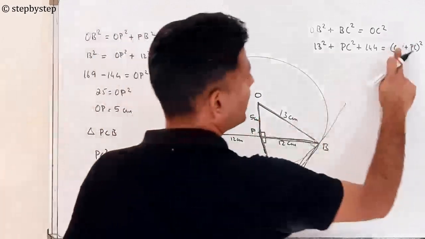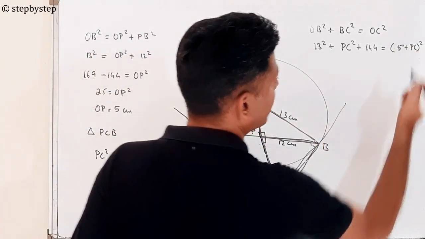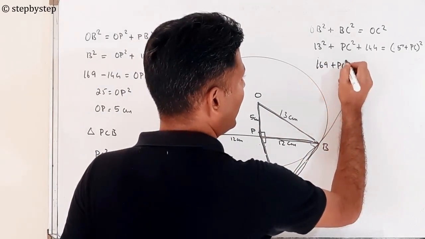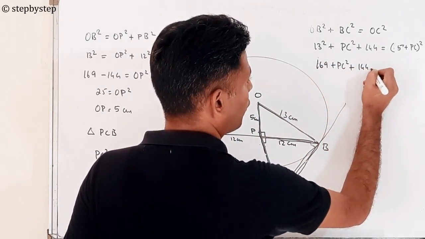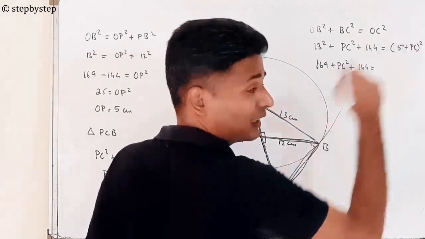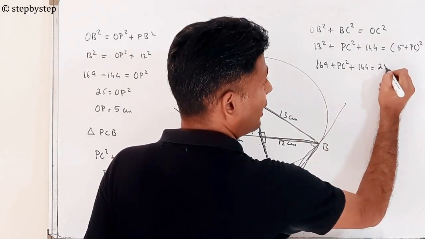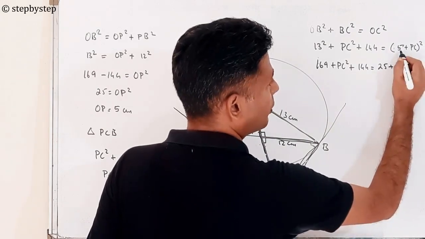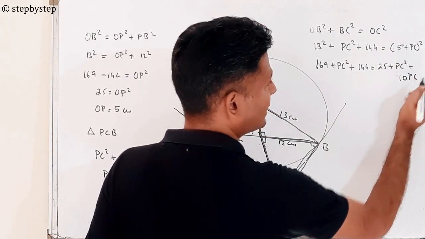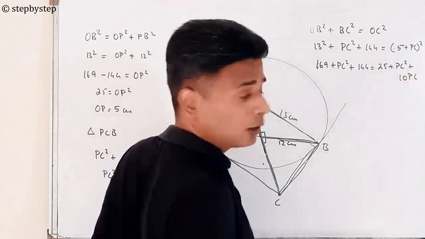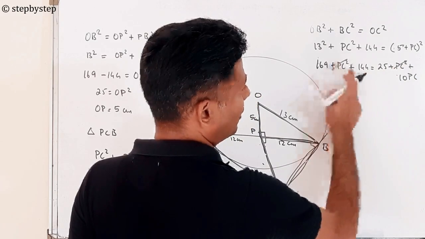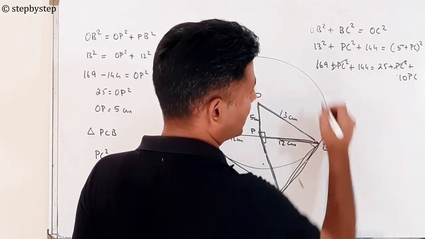But what do we have? OP is 5. Now 13 square, 169, plus PC square plus 144 equals, this is of the form A plus B whole square, remember. So 25 plus PC square plus 2 into 5, that is 10 PC. A square plus B square plus 2AB. Now PC square will cancel, because when it comes to this side it becomes minus.